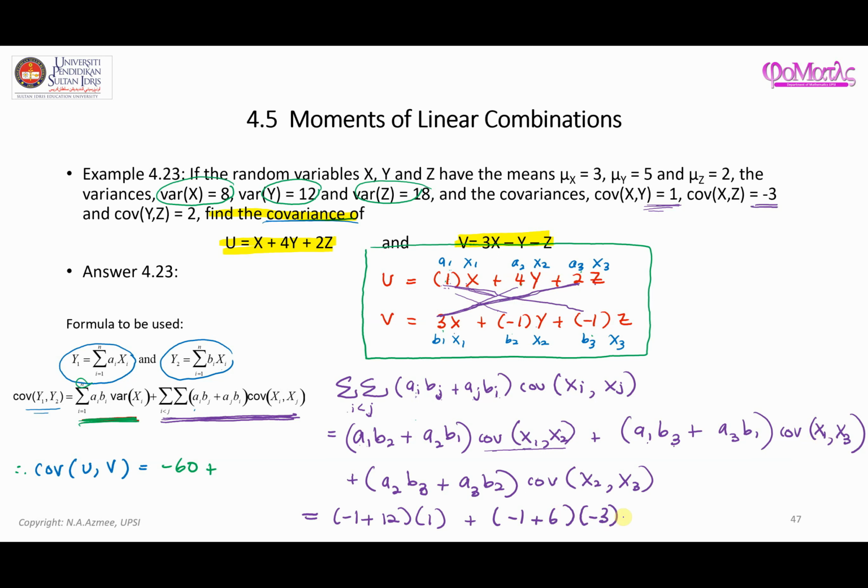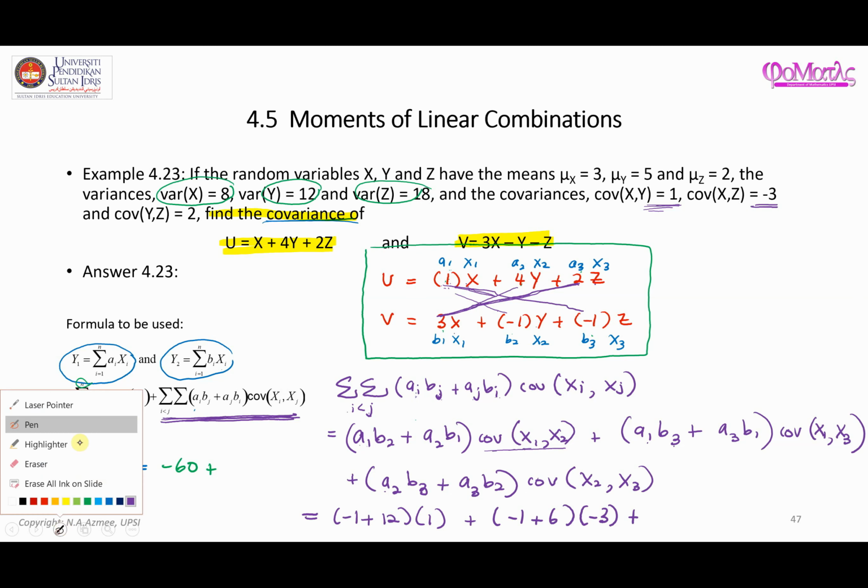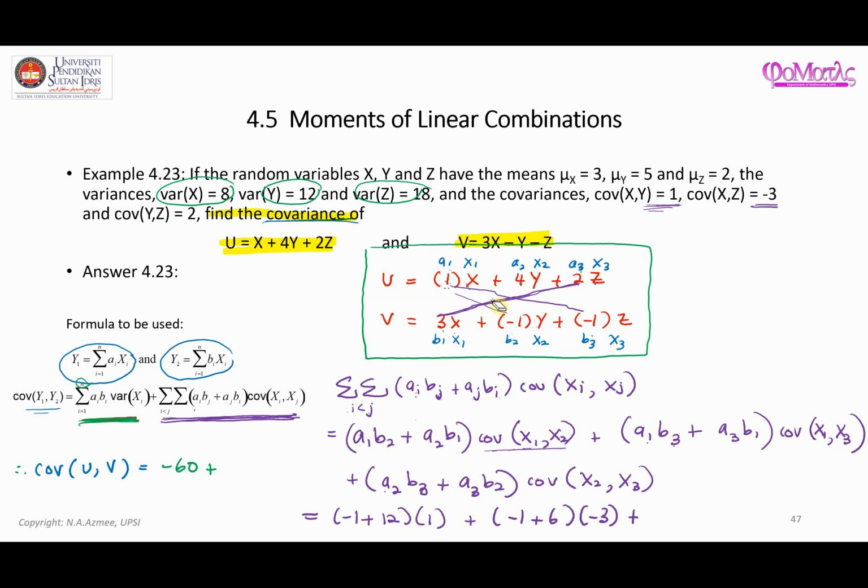Then plus a2 and b3. So let me just erase this part. a2 crossover with this one, a2 and b3 is negative 4.